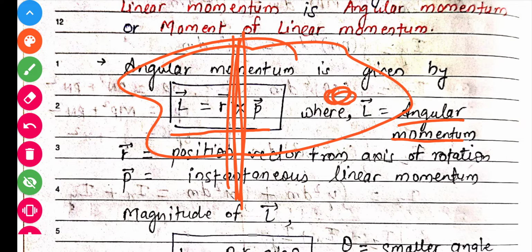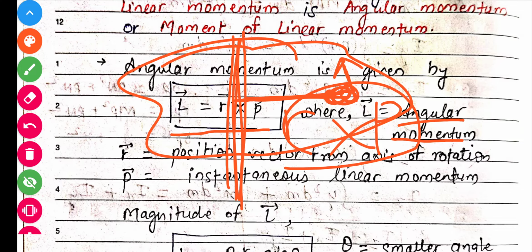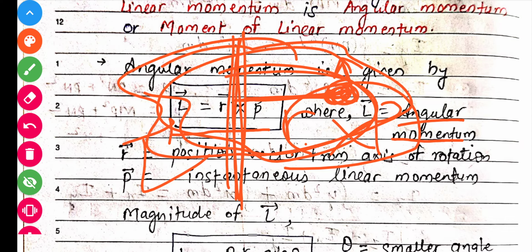The distance of that particle is termed r. The linear momentum of this particle at this moment is p. When we take the cross product r cross p, we get the angular momentum of that particle in this rotating body.